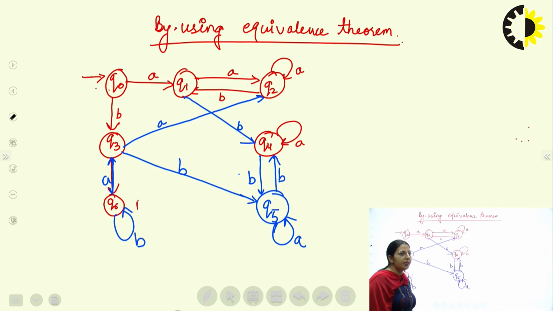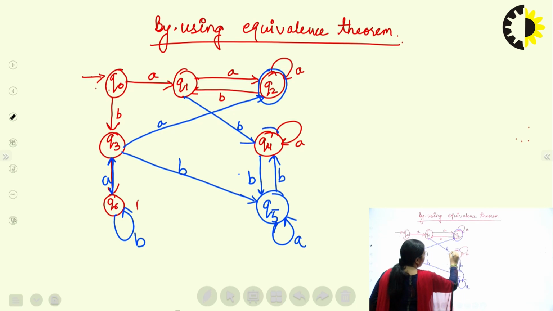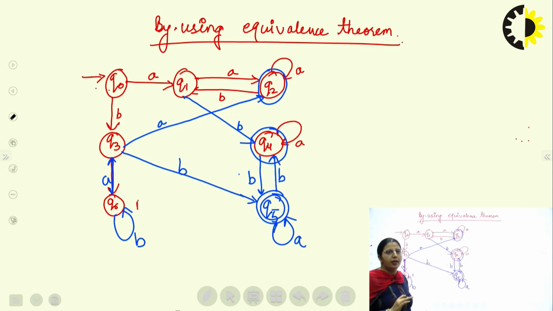So the first step is we have to divide this into two sets. The first set contains all the non-final states and the second set contains the states that are final.